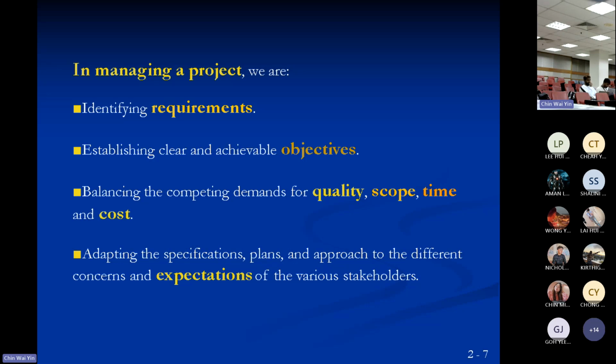And not only that, in managing a project, the project manager really needs to balance, as I already mentioned at the beginning, the competing demands of quality, scope, time, and cost. All right, and also be good at adapting specifications, plans, and approaches to the different concerns and expectations of the various stakeholders.